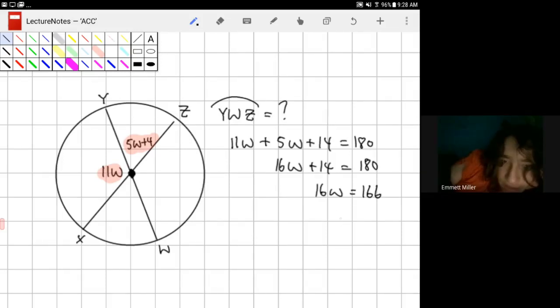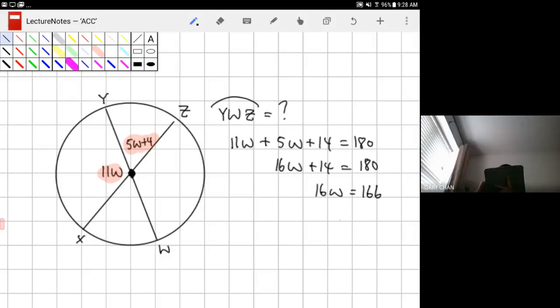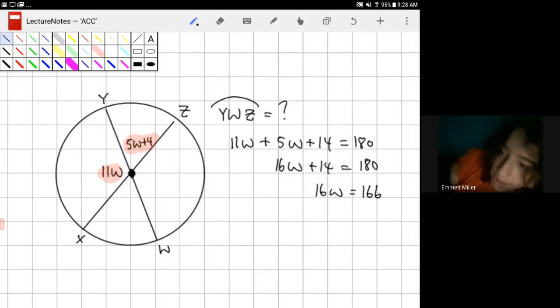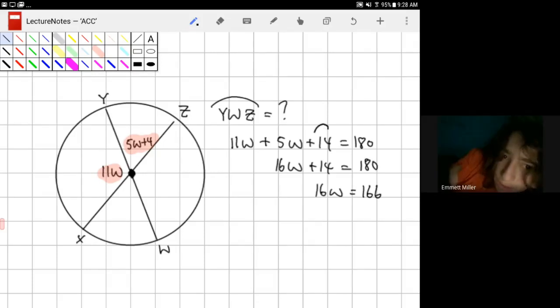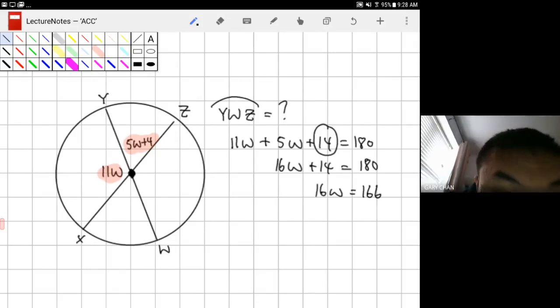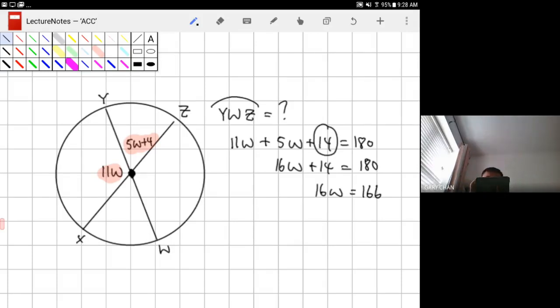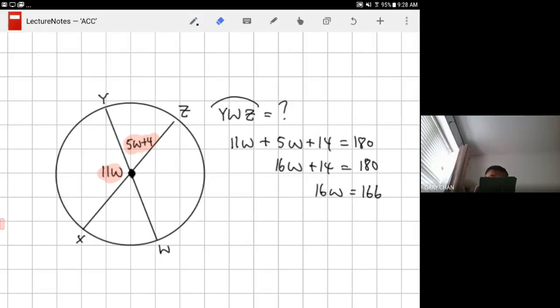Wait, you're right, it's just 4, not 14. You wrote 14 down. It's just 4. It's not 14. Oh, you're right. And that's 176.